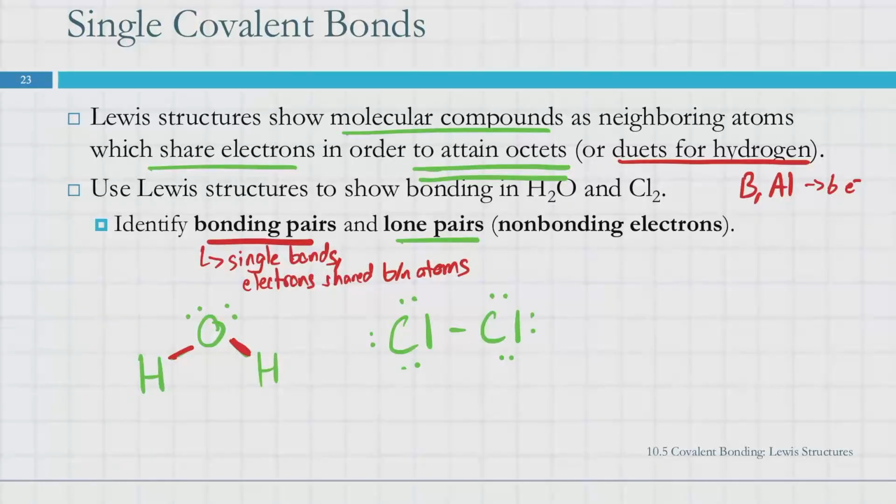So in our H2O, between our hydrogen and our oxygen, we've got a single bond. In each of the bonds, we have 2 electrons.